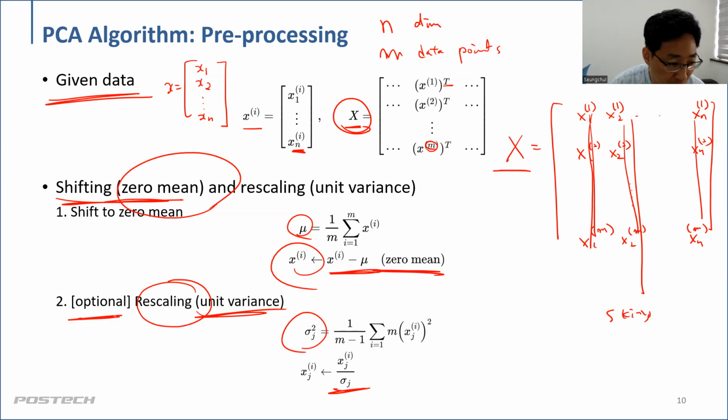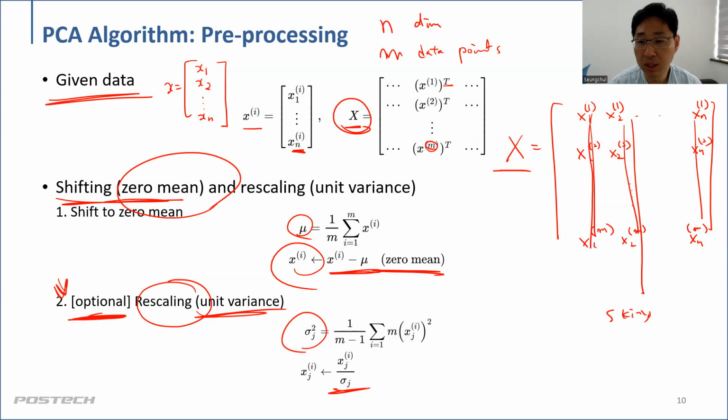Like he said, the second step, rescaling, is optional. It's okay to do or not to do. It really depends on the problems or applications. Sometimes the variance carries really key information as well.